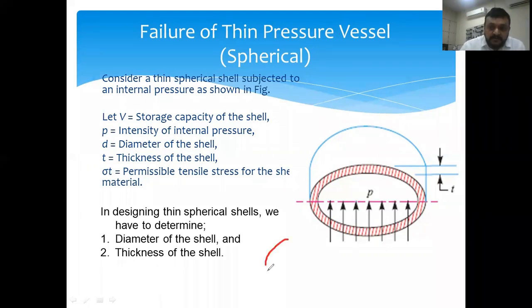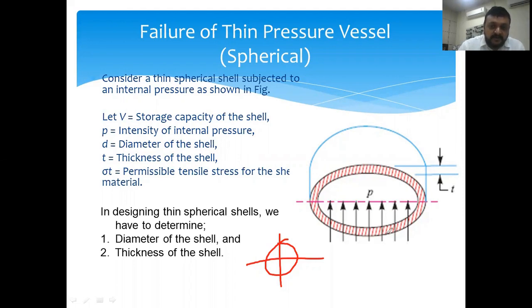Whether you cut along the vertical axis or along the horizontal axis, the failure is the same, along the circumference, as in the case of sigma T2. So there is no longitudinal failure in this case, whether you cut vertically or horizontally.